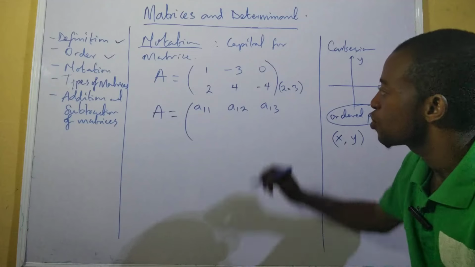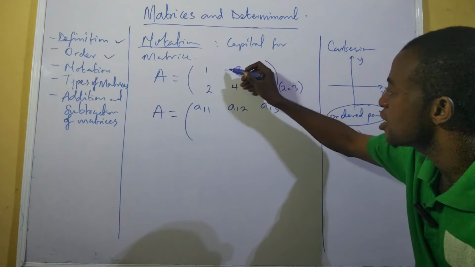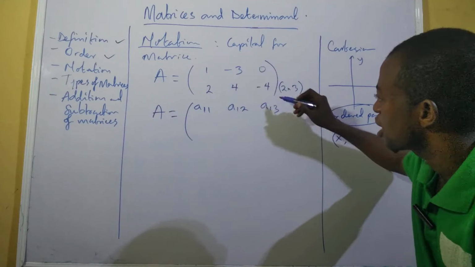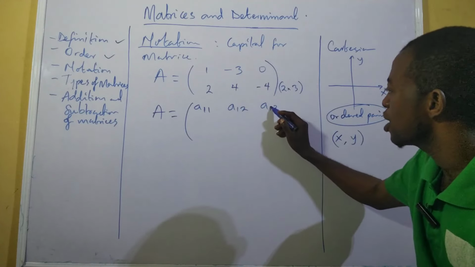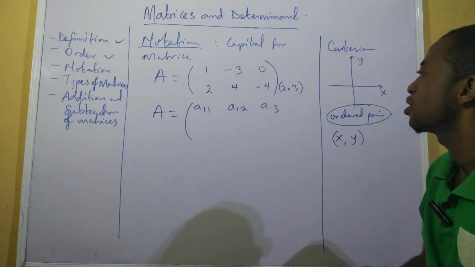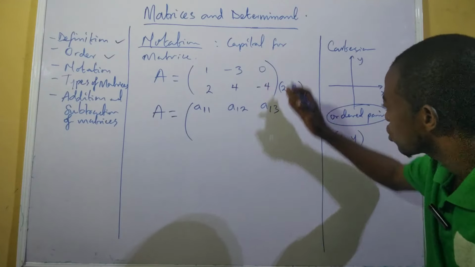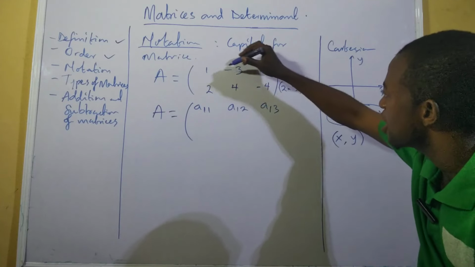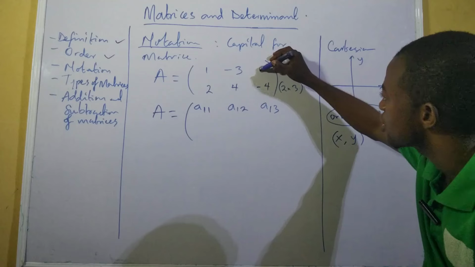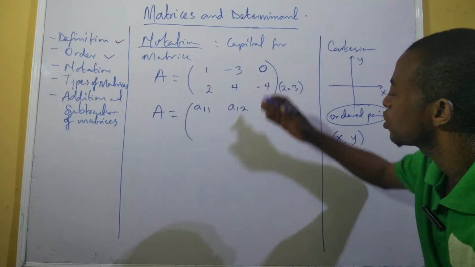Okay, so minus 3 here is the element in row 1 and column 2. Also, we have the element in row 1, column 3, the first row and the third column, and that element here is 0. That's row 1, column 3.